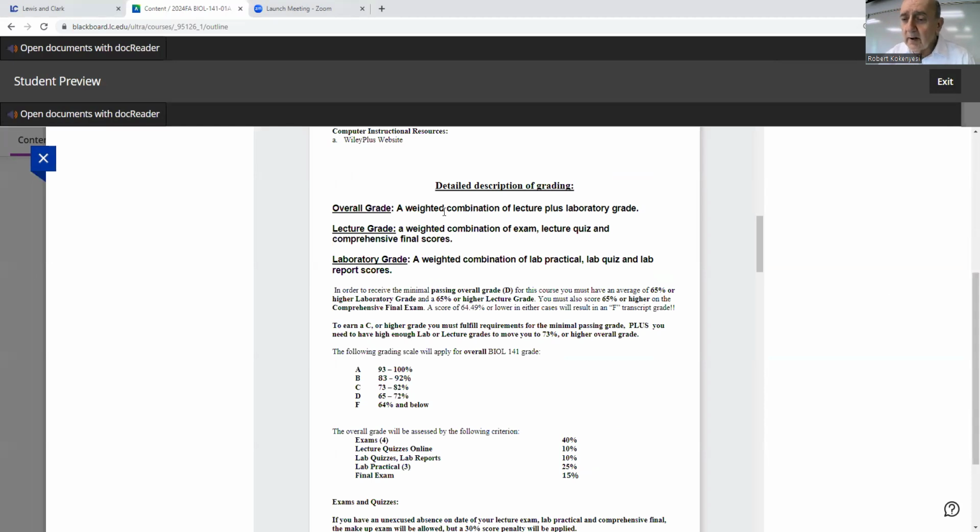So a part of the complicated grading comes from these first three outline terms here. You will be earning grades that count towards a lecture grade. In some other parts of the class, you'll be earning points that count towards your lab grade. And these two, lecture and lab grade, are weighted and combined together to give you the overall grade.